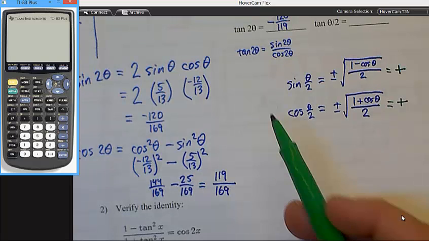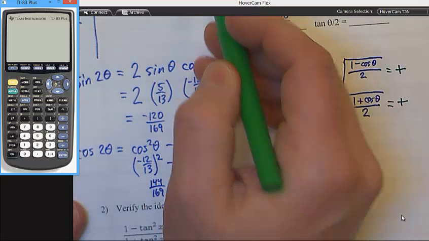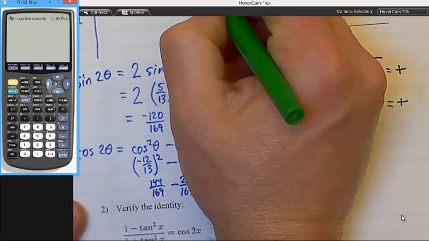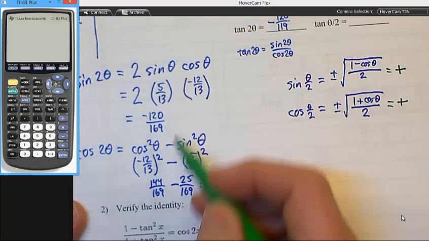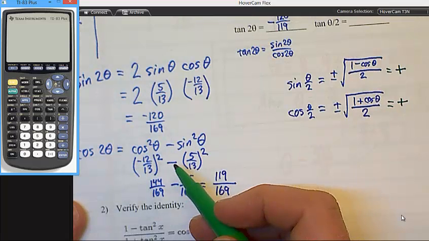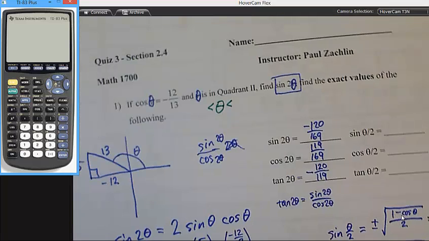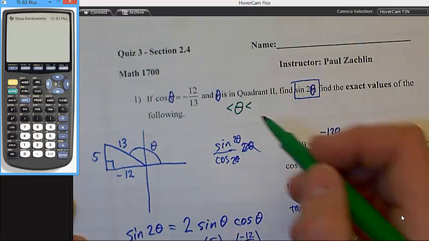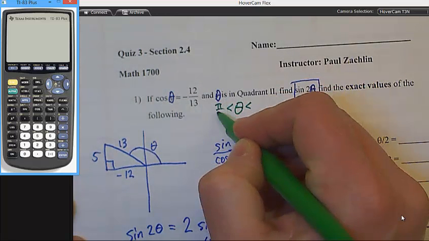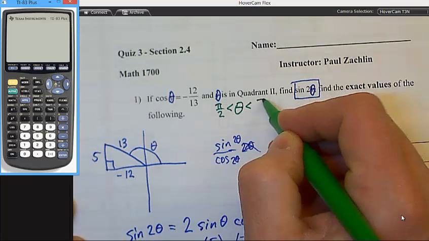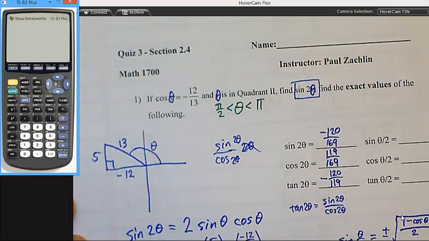You see, theta is in quadrant 2. That means theta is between what and what? Pi over 2 and pi. Yeah, it says theta is in quadrant 2. So theta is between pi over 2 and pi, right? So now I want to say something about theta over 2.